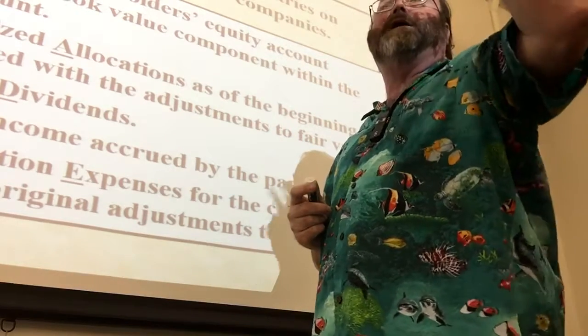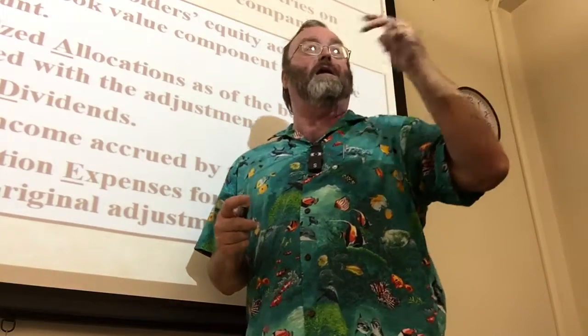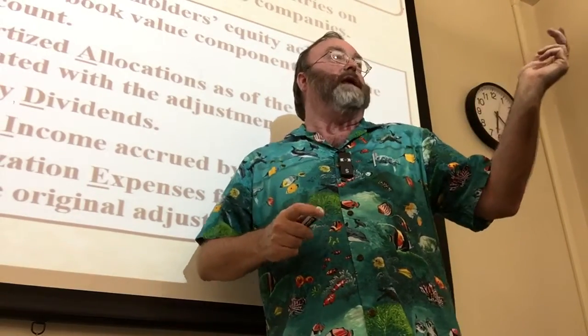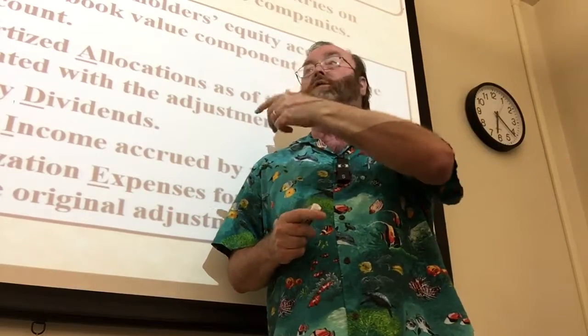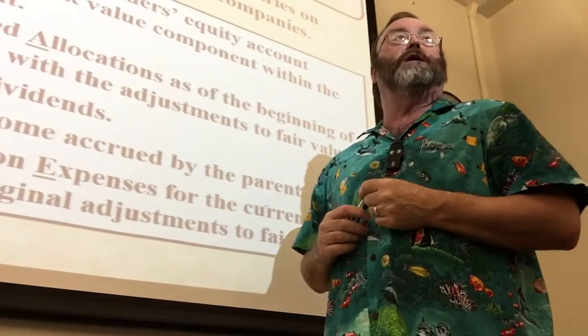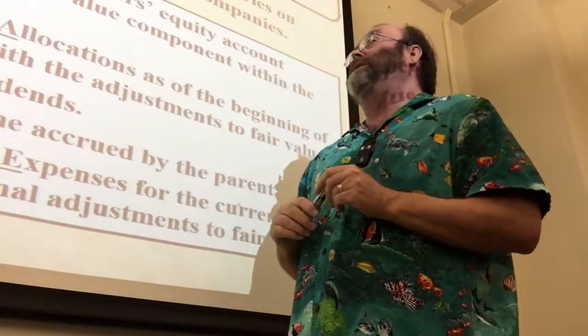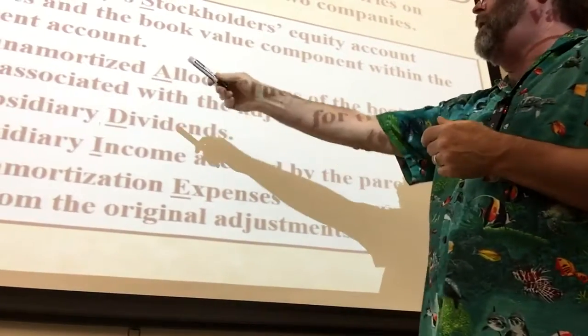And if it had a complex capital structure with preferred stock and paid-in capital in excess of par on the preferred stock, you'd eliminate those two. Everything that's in the stockholders' equity. All right? Recognize the unamortized. Now this is key. Allocation of the beginning assets.